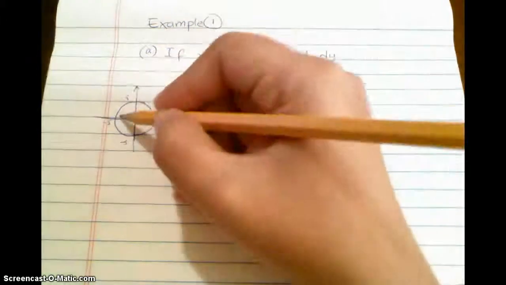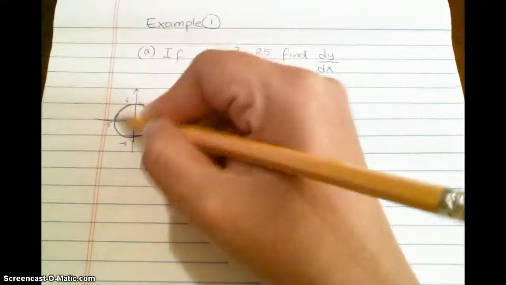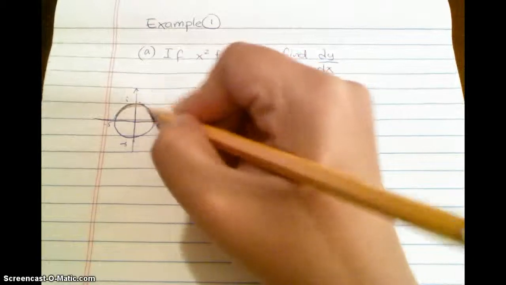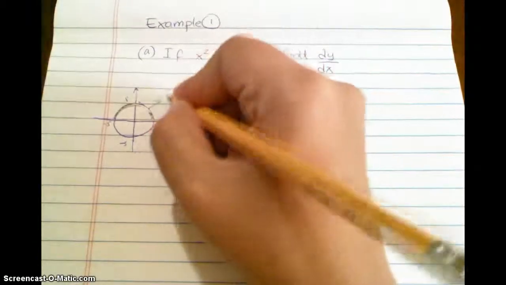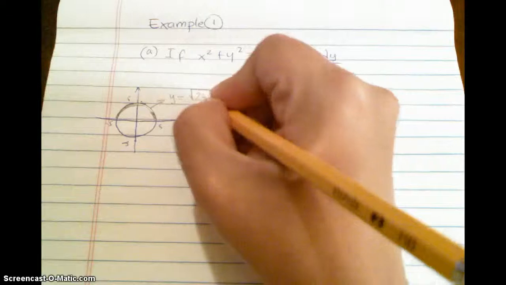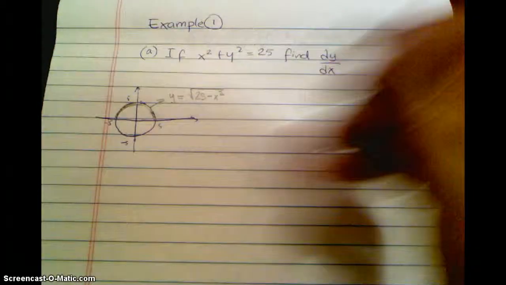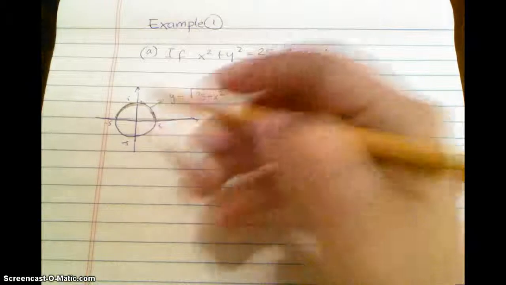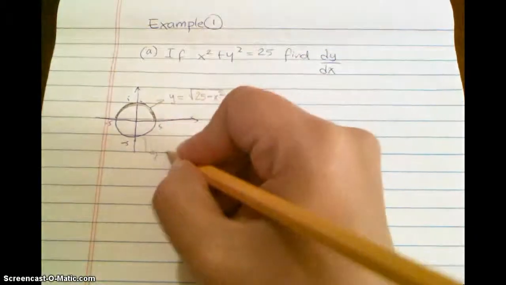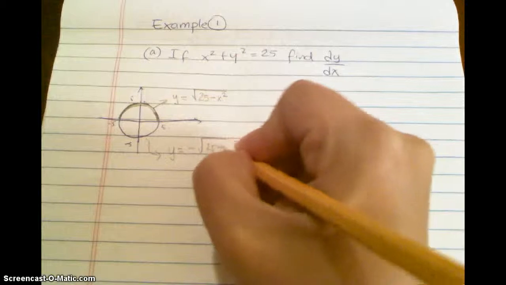The first function will be this portion, and from your review at the beginning of the year, you know that the equation is y equals the square root of 25 minus x squared. And then you have the bottom portion of this circle, and its equation is y equals negative square root of 25 minus x squared.